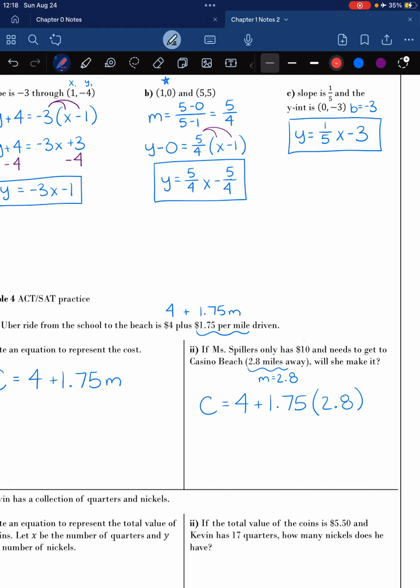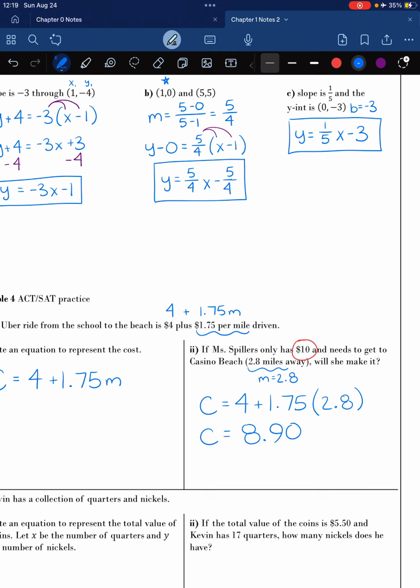Okay, and you may notice that I haven't done anything with this $10 yet. It's not there to trick me, but I don't really need that to calculate the mileage here. Okay, so I'm going to do $4 plus $1.75 times 2.8, and we get that my total cost is $8, and, well, in my calculator I just get 8.9, but we know that that's going to be $8.90.